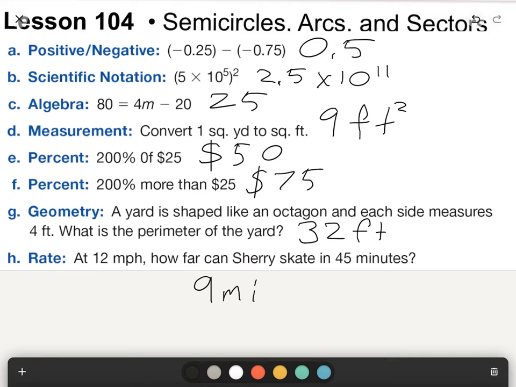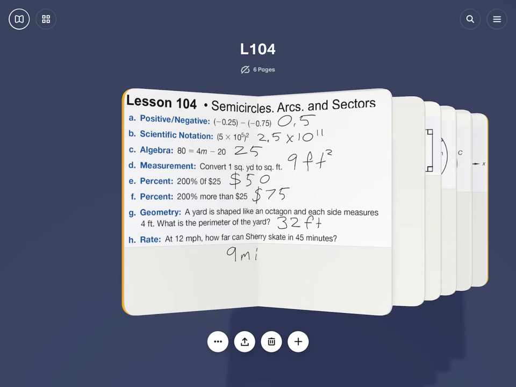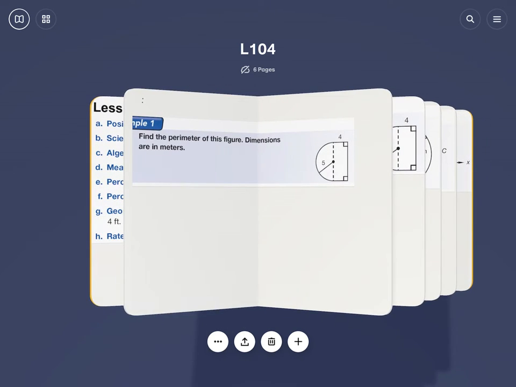Also, just a note, I believe that this is as far as I've ever gotten in the book, because year before last, things got blown apart for a little while because of COVID, and so we didn't quite finish the book. Then last year with Online Academy, we started with Buzz, and then the second half of the year was a patchwork of Saxon. So we are into uncharted territory for me, so this is fun. I think there's an excellent chance we can finish the book by the end of the year.